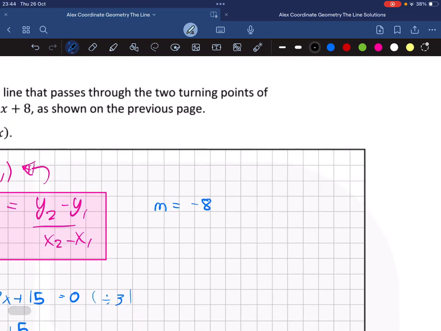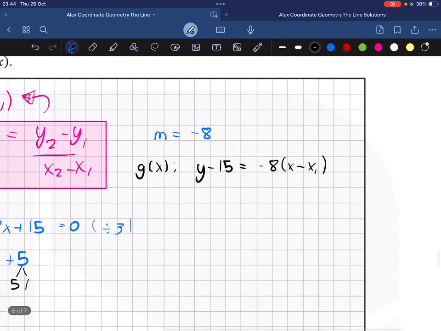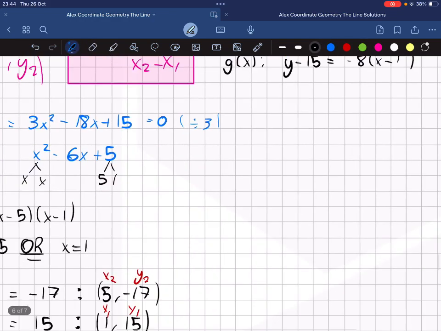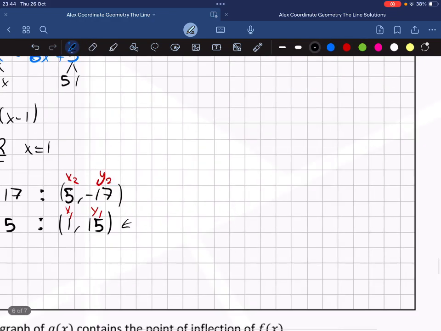So g of x is going to be equal to y minus y1, which is 15, and that's equal to -8 times x minus x1, where x1 is going to be equal to 1, because I'm using this point here.